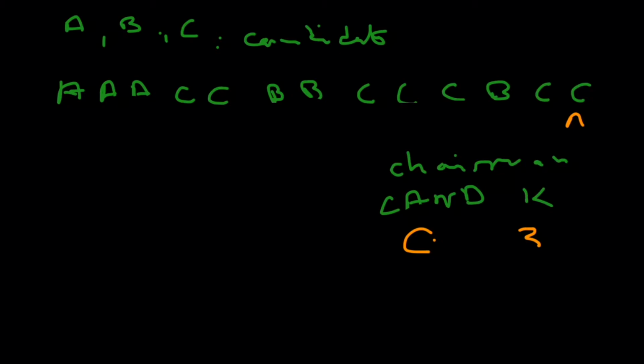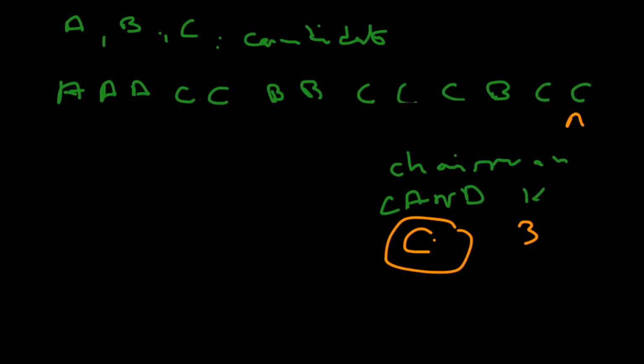So, sorry, I'm not sure, what was it? It was 2, so it becomes 3. And so if there is a majority, we can confirm that it's C. So we can confirm that C is majority if there is one only.